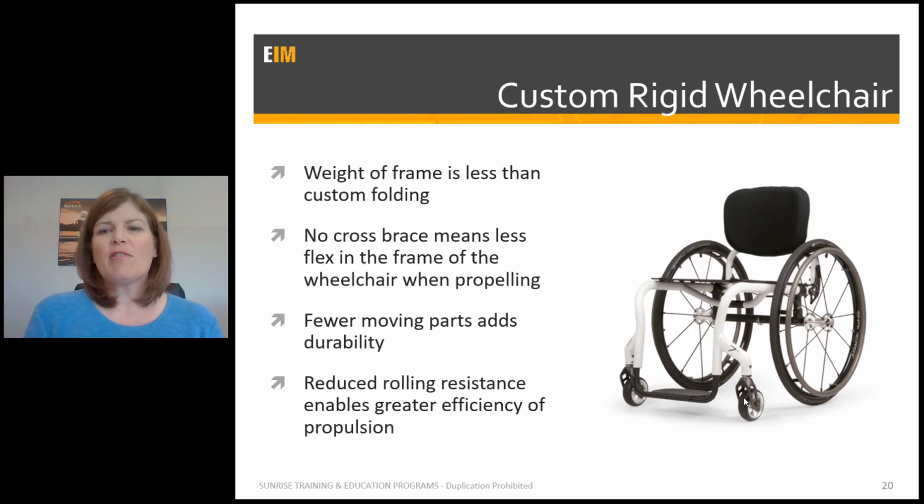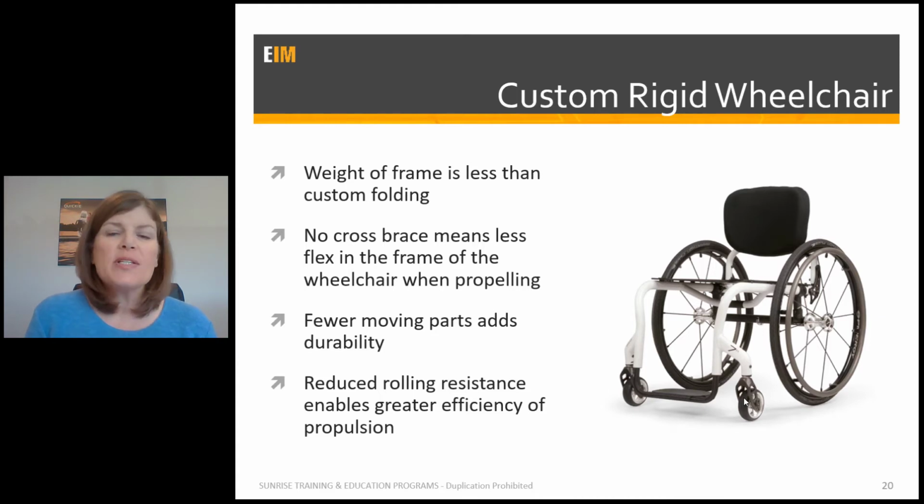Because there are fewer moving parts, because there's no cross brace, these chairs are more efficient to propel than a custom folding wheelchair or a standard wheelchair. What this means is that more of the energy of propulsion that is directed to the hand rims goes into moving that chair in a forward direction.